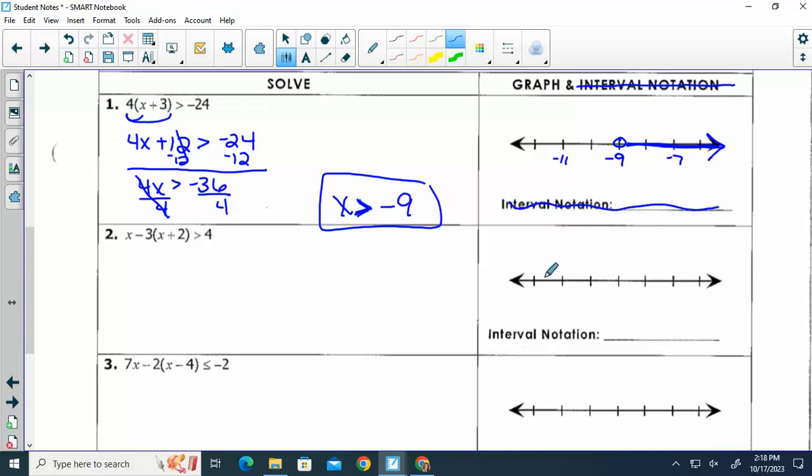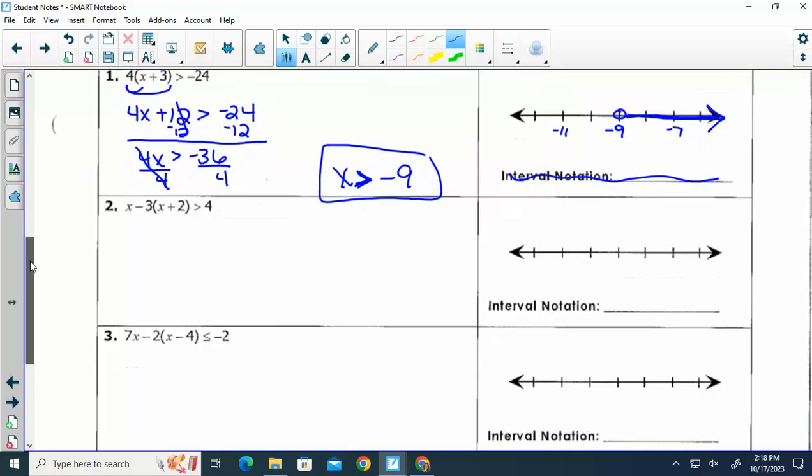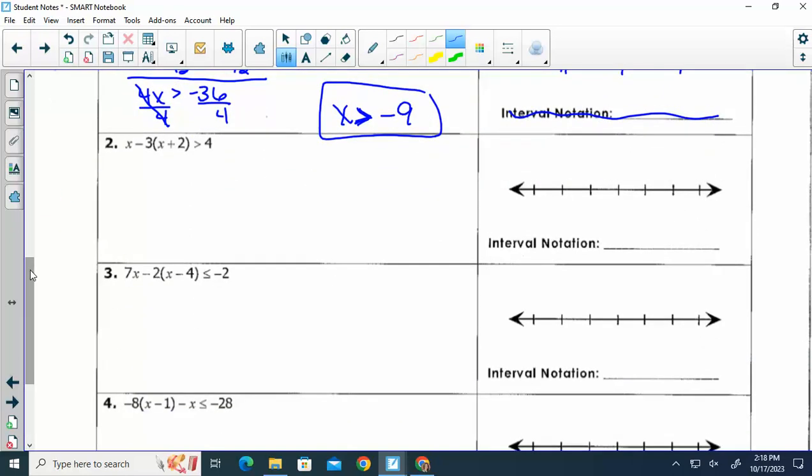All right. Is that one okay? Let's look at number 2. What would be the first step here? Distribute. Now, because this is a minus, we could think of that as a negative 3. So you are really distributing a negative 3.